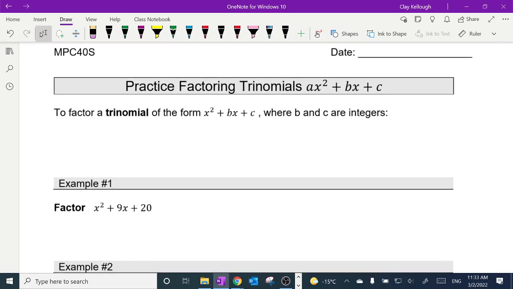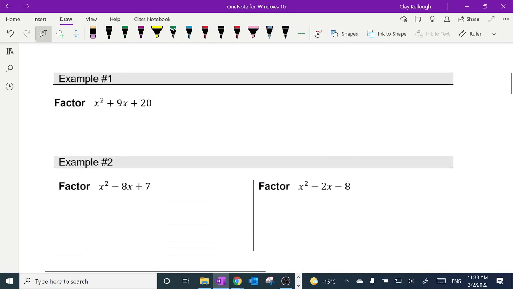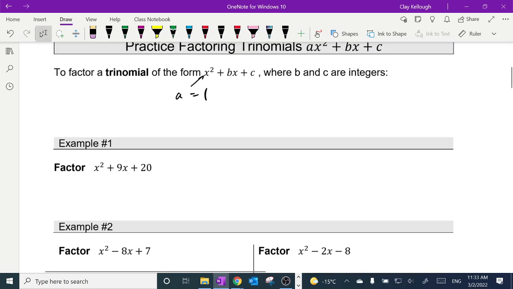The first thing we do is look at a basic trinomial where the a value, the number in front of x squared, is a 1. If we have a 1 there, we just ask ourselves what two numbers multiply to make 20 and add to make 9.